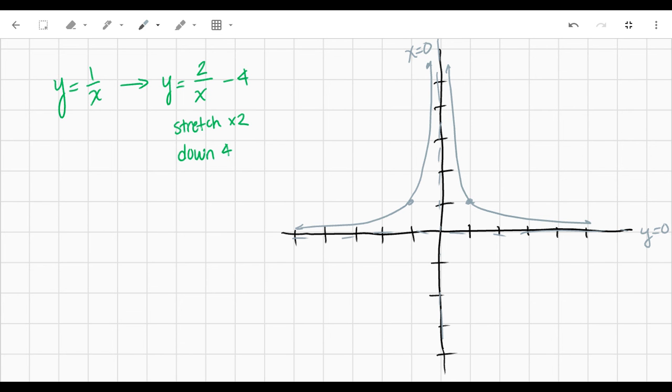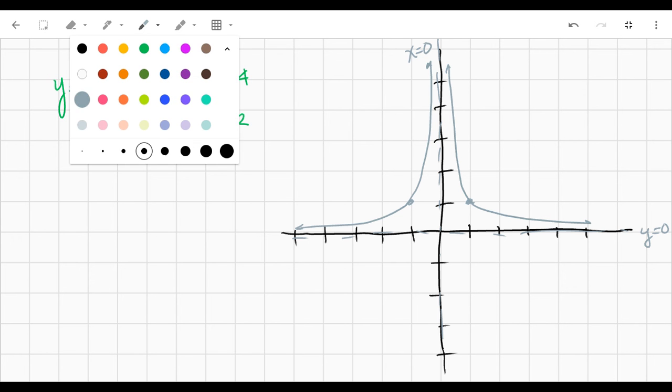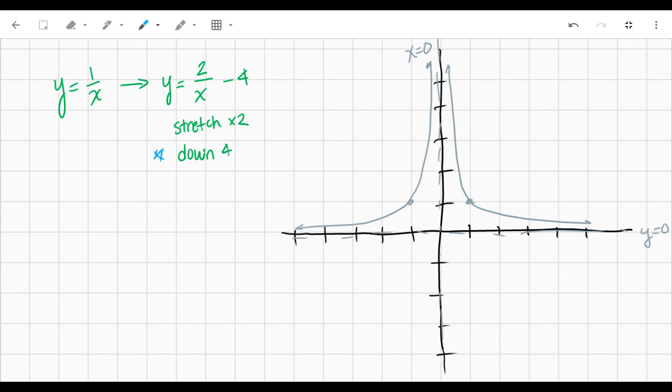Okay, so what we want to do first is shift down 4. Okay, so this horizontal asymptote, instead of being at y equals 0, will be at y equals -4. Oh, I totally drew that wrong.